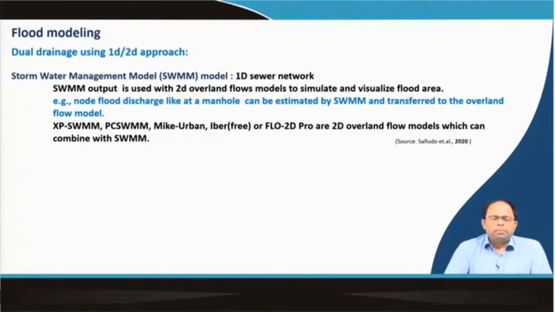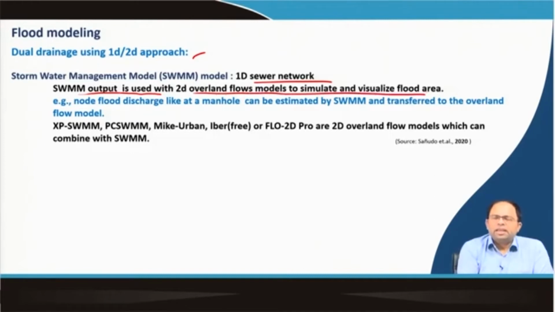So, how are we able to do this 1D-2D approach? Usually we use the Storm Water Management Model, SWMM, to determine the flow in the 1D sewer network, and the SWMM output is used. That means the node flooding data that we generate out of SWMM is utilized with the 2D overland flow models to simulate and visualize the flood area.